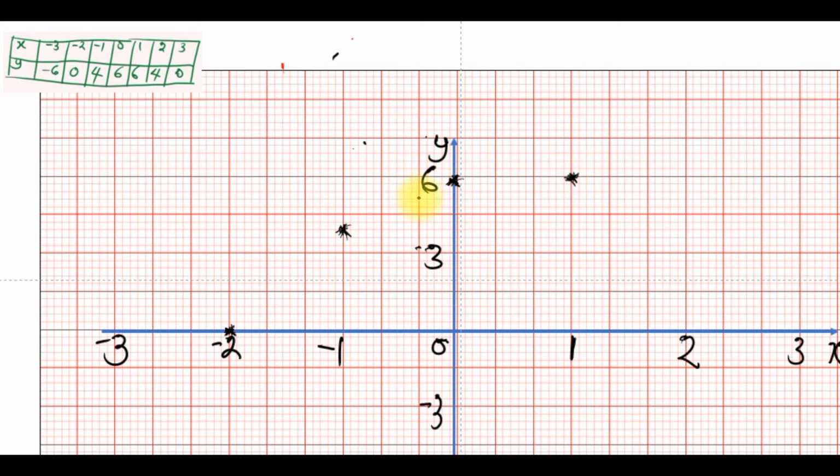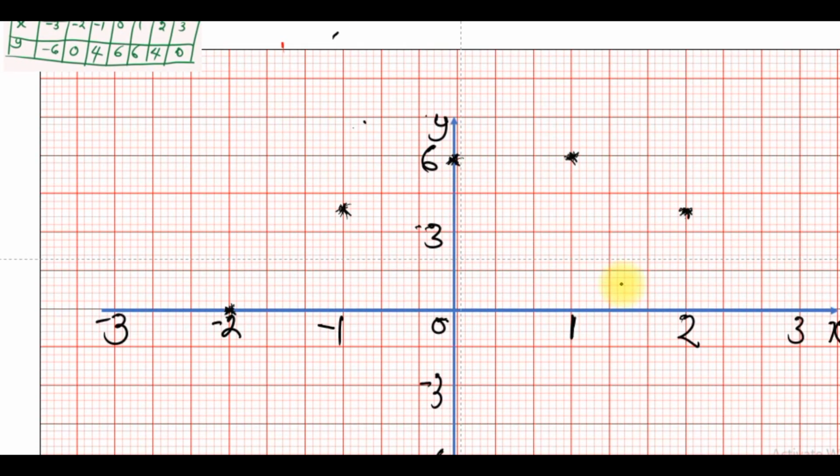Again, when x is 2, y is 4. The same thing here: remember we have to count 13.3. So this is the point. Again, when x is 3, y is 0. So this should be the point.